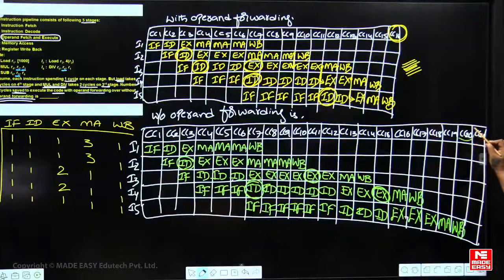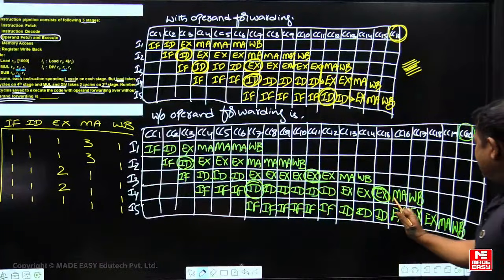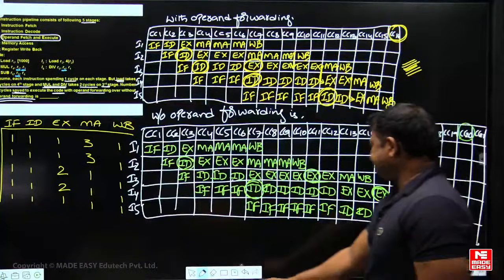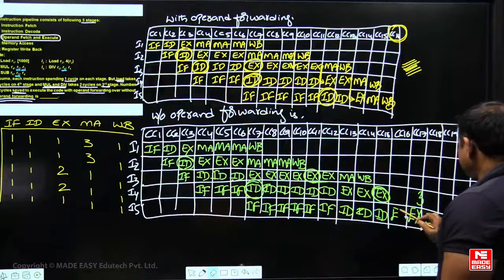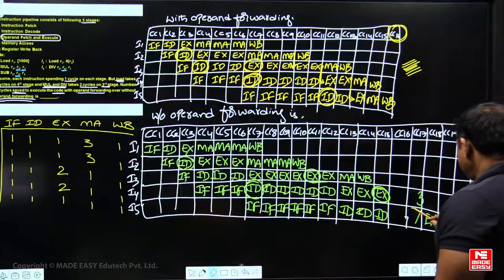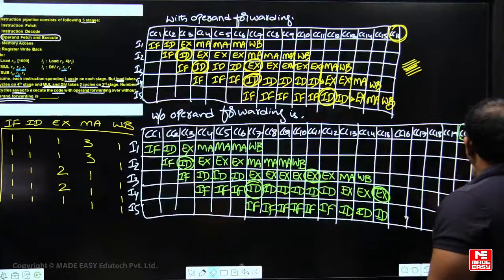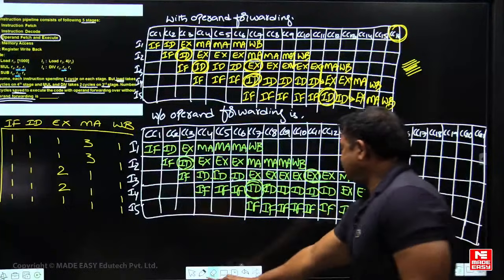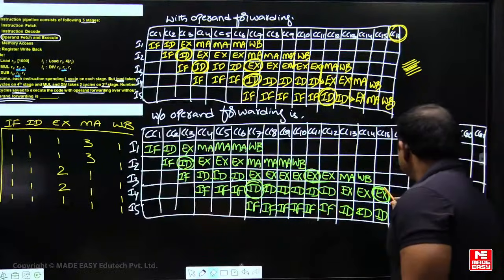Operand fetch, MA, right? WB. Then how many cycles? 20 cycles. Check it. Here 2 after WB. Here after WB 2, not 1. After WB, this is taking 2 cycles, right?